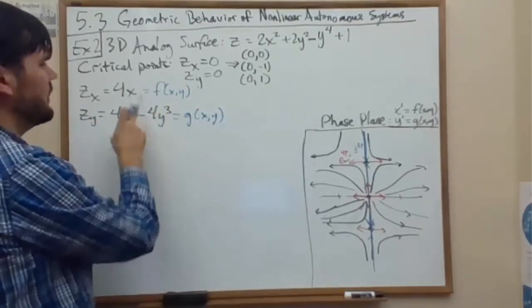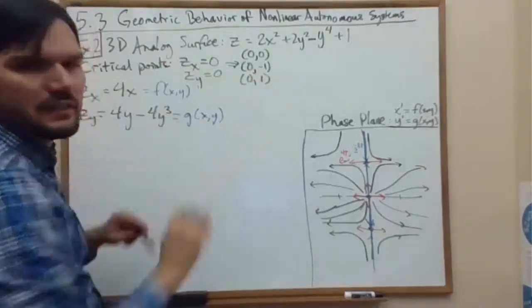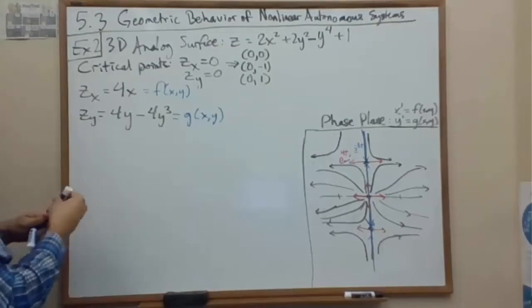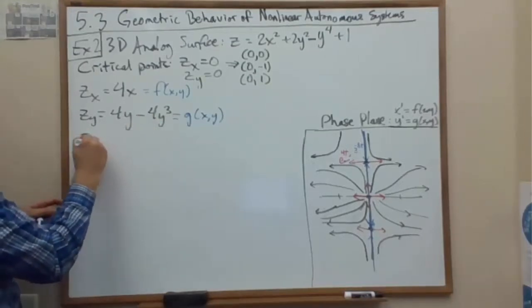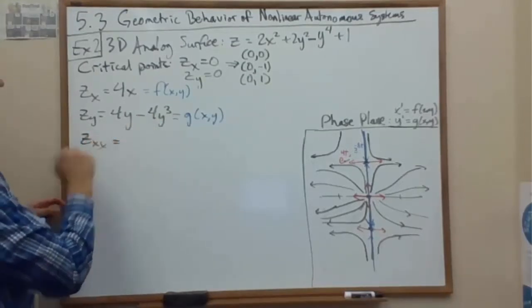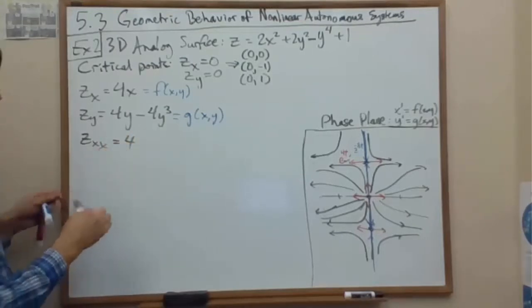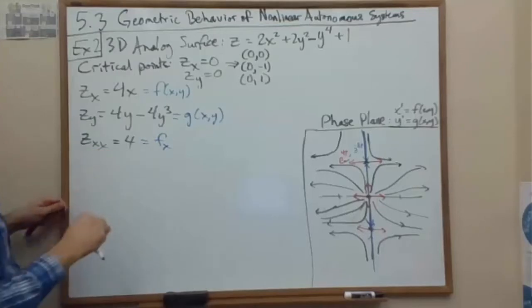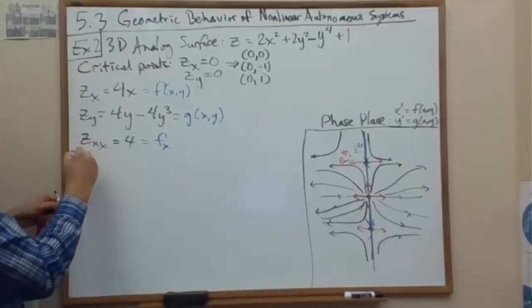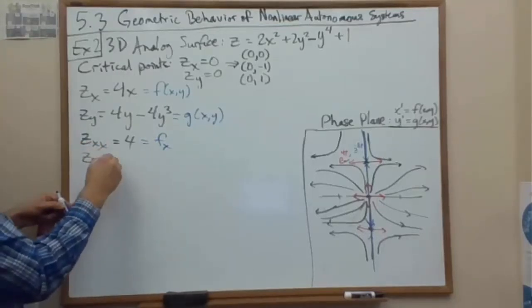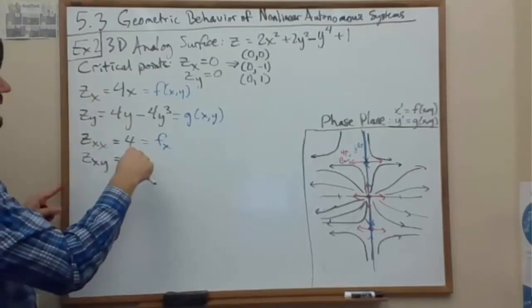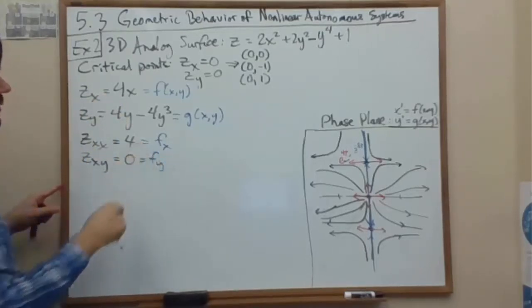It only happens to have y's and x's there, but that's the analog between the two. Then I need z sub xx, which is 4. This would be the same thing as the x partial of f. I also need z sub xy, which is 0. There's no y's here. This is the same thing as f sub y.